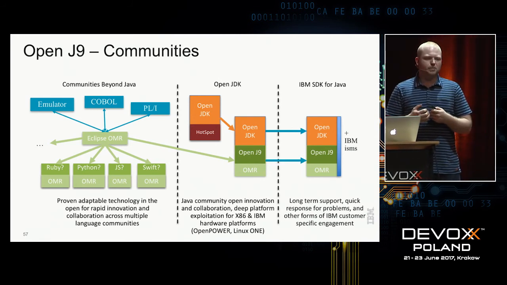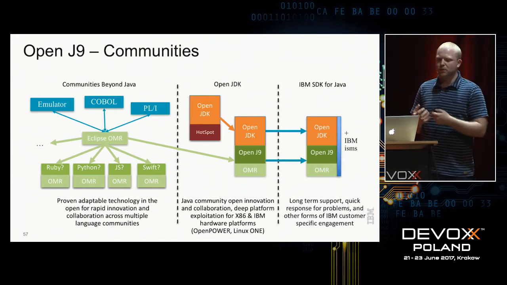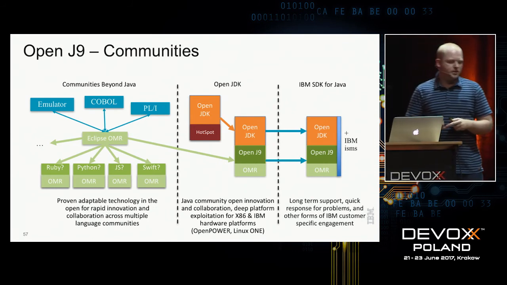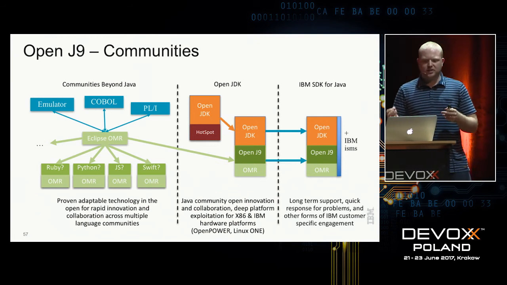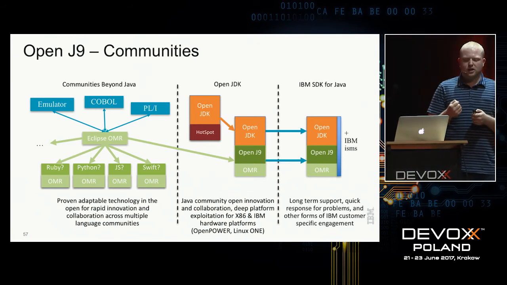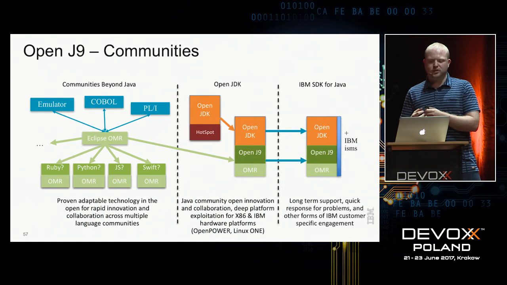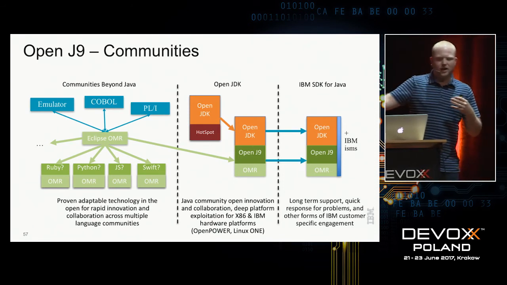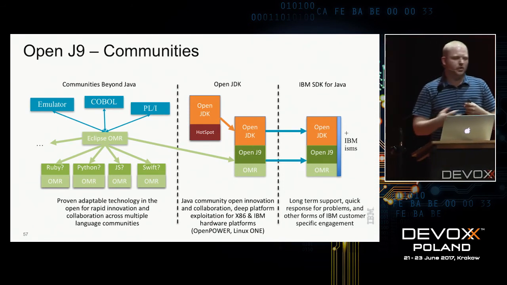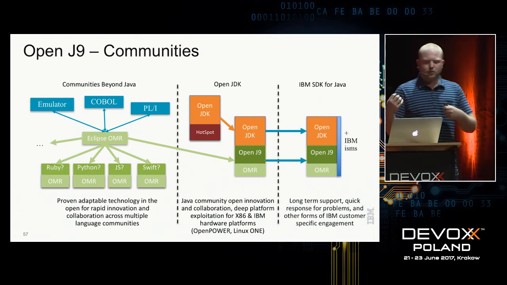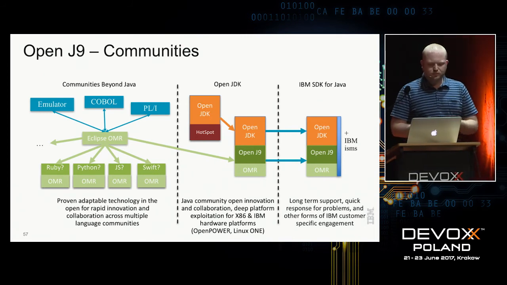The Eclipse OMR project makes it possible for other runtimes, such as Ruby, Swift, etc., to reuse language-agnostic components, for example, like a platform abstraction layer that I mentioned earlier, or the garbage collector or the JIT, and you can reuse those in their own runtime.